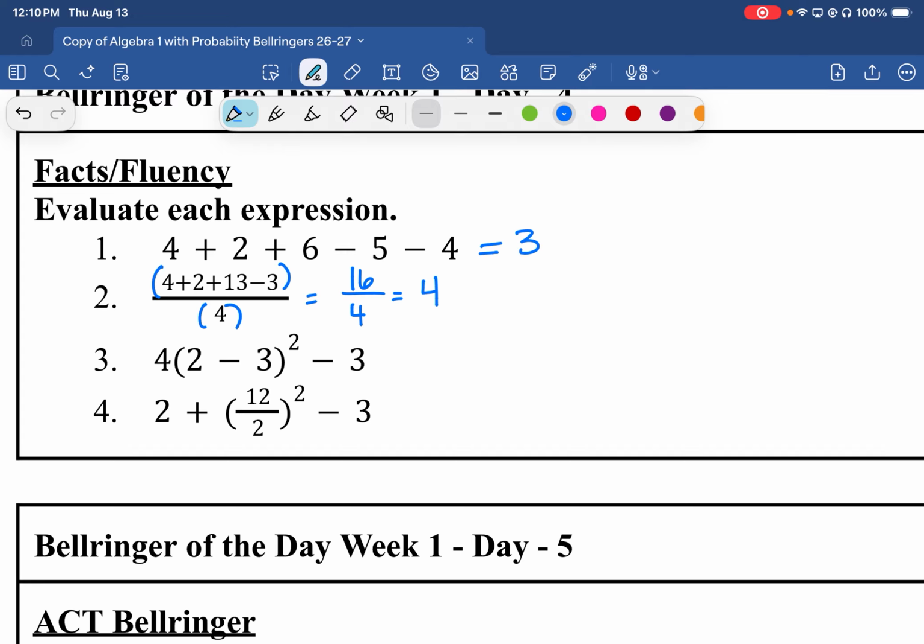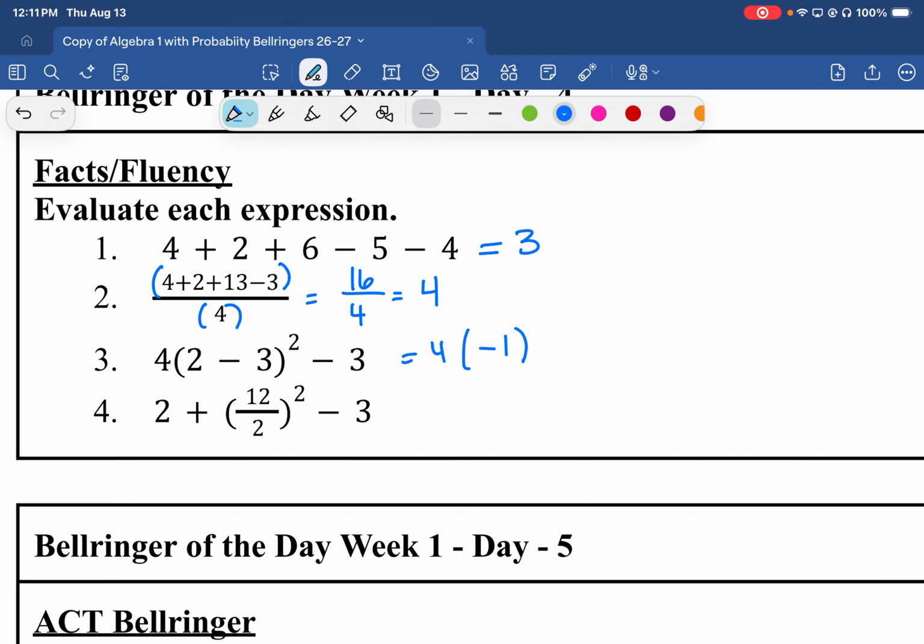For number 3, what do we have to do first with our order of operations? Parentheses. Now, specifically, we have to look at what is inside of it, which in this case is 4 times, what is 2 minus 3?